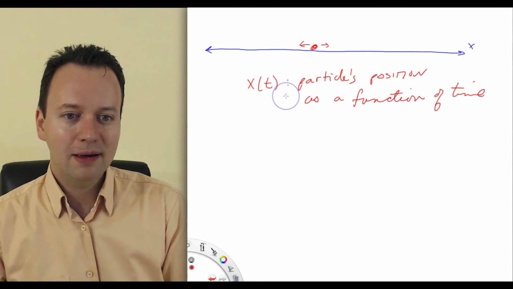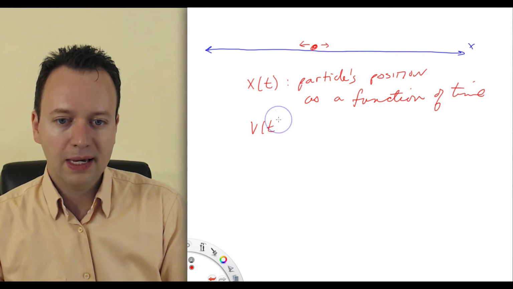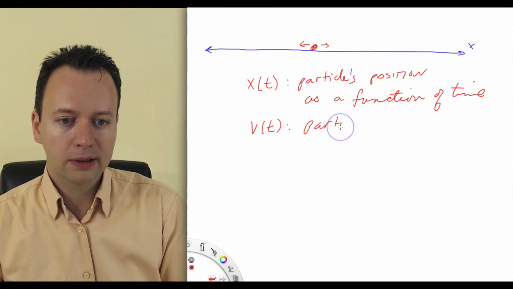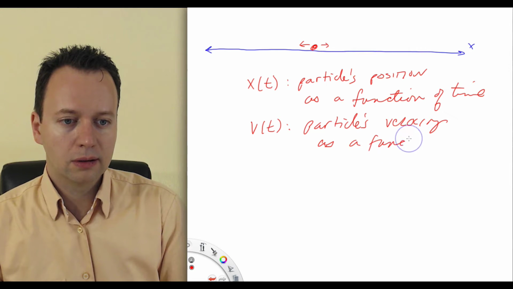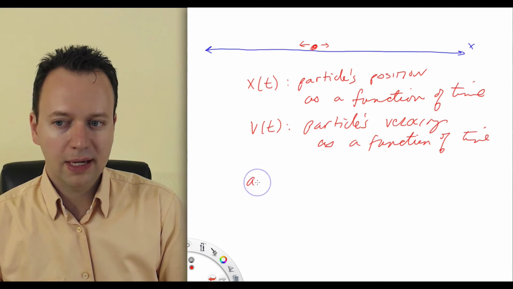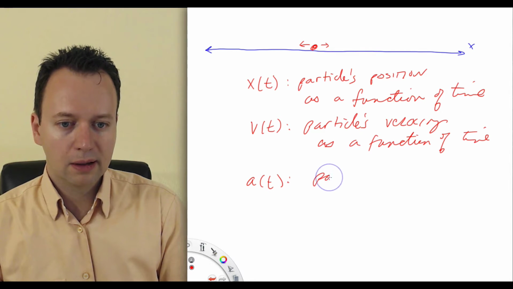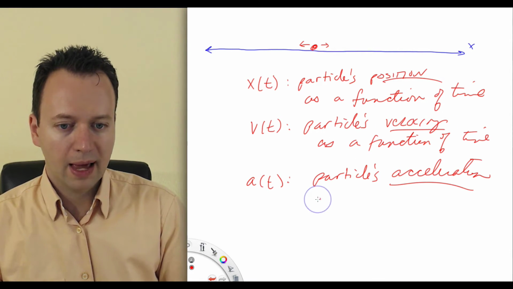So x of t measures the particle's position as a function of time. v of t gives the particle's velocity as a function of time, and then a of t represents the particle's acceleration as a function of time.